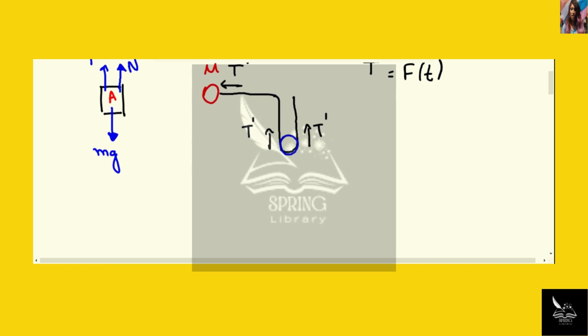Okay, but we also have the force, the tension, T, that pulls the pulley down. And since the pulley is massless, we have 2T prime minus T is equal to 0, meaning that T is equal to 2T prime.